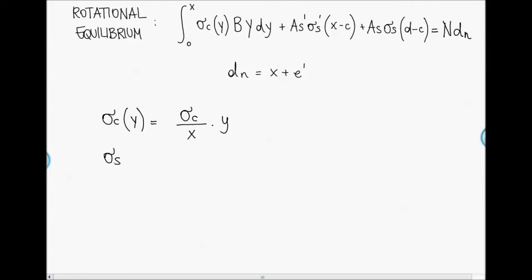Then sigma s, the stress in the tensile reinforcement, is equal to n by sigma c over x by d minus x. And sigma s prime is equal to n by sigma c over x by its distance from the neutral axis, which is x minus c.